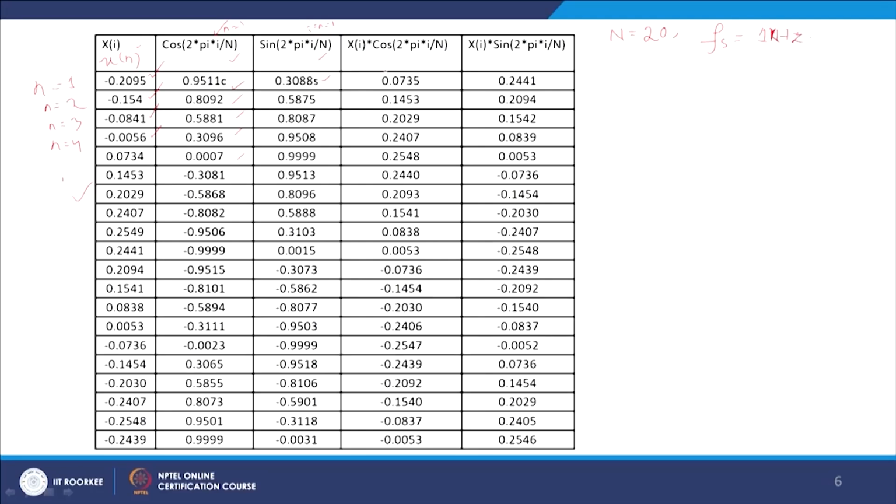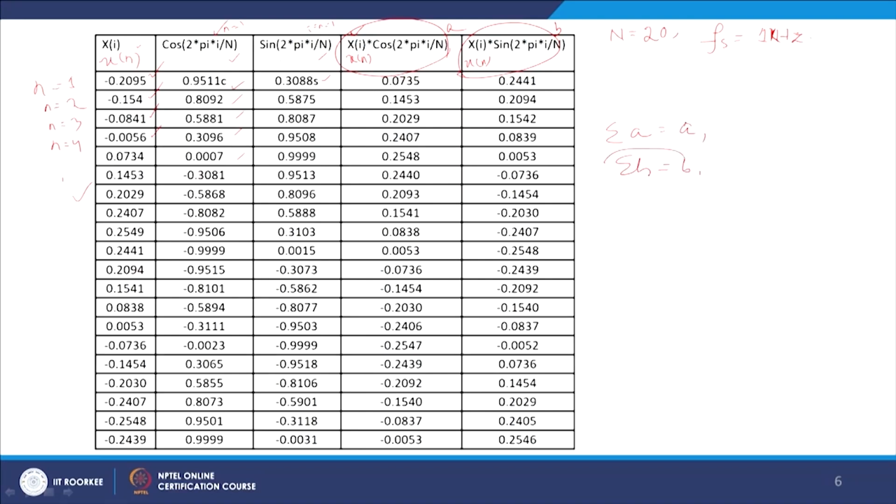After getting this cosine factor and sine factor, we will multiply the corresponding x(n) value with the sine and cosine factor, and finally take the summation. Let us denote this total factor as a and this total factor as b. So the summation of a is equal to a1, and the summation of b is equal to b1.